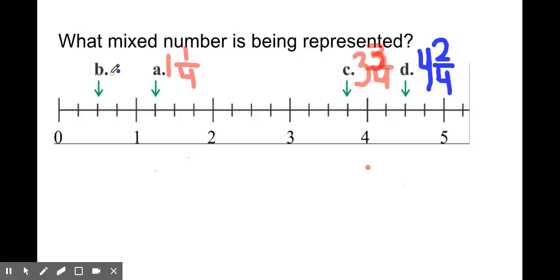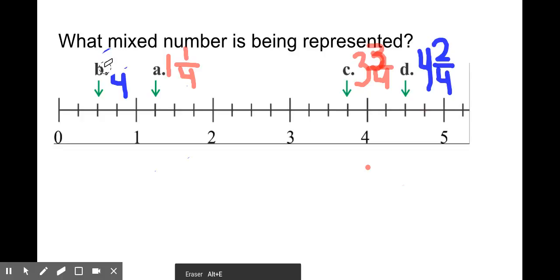This is solely just like we did before, where we count the total number of spaces, which we know is 4. And then we count how many spaces we jump. 1, 2. So B would just be 2/4. This is 4 2/4, because it includes all of these wholes before that, and then 2/4. This is just 2/4 and no wholes.